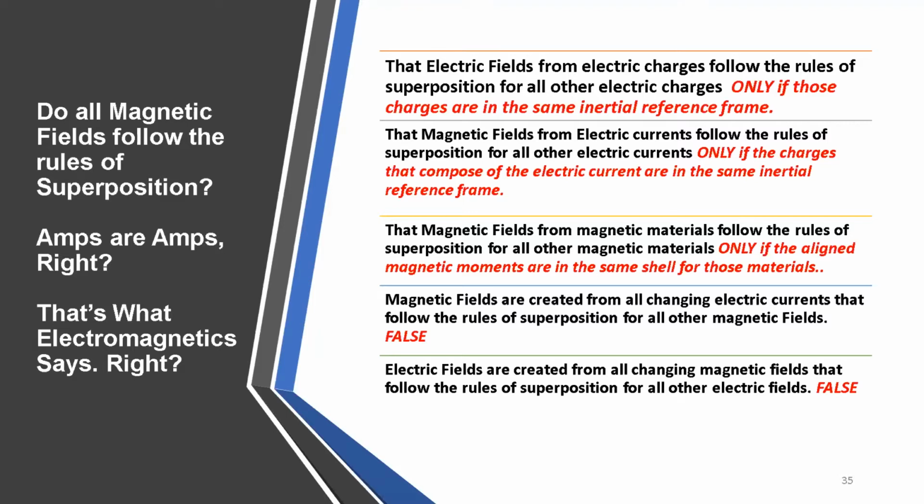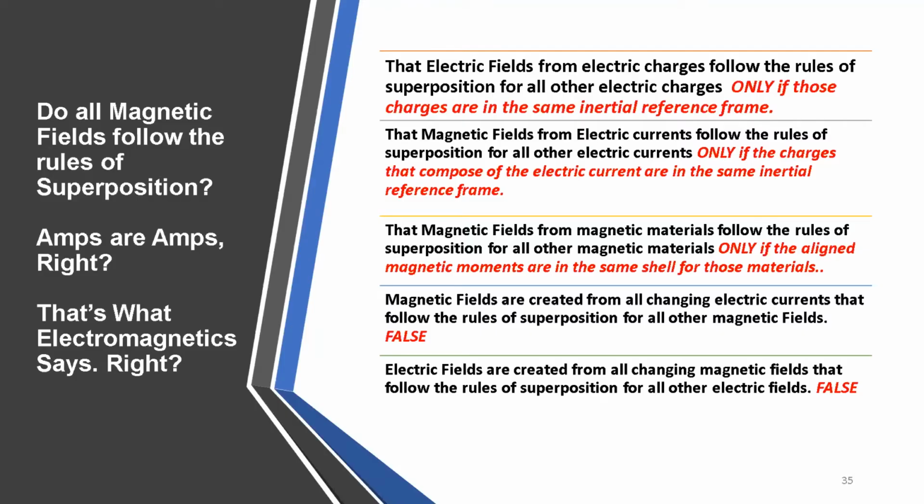But the magnetic fields from magnetic materials are not going to follow the rules of superposition with those from a conductor, because the drift velocity through the conductor is not the same. And I'll go over that here in a little bit. Magnetic fields created from changing electric fields supposedly follow the rules of superposition for all other magnetic fields. Well, they don't.